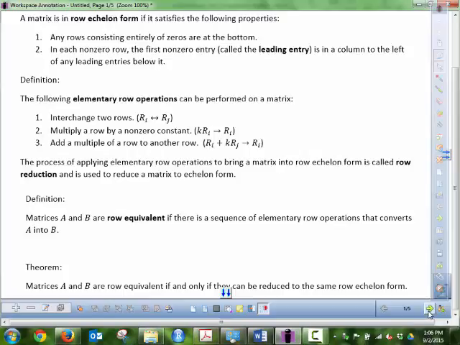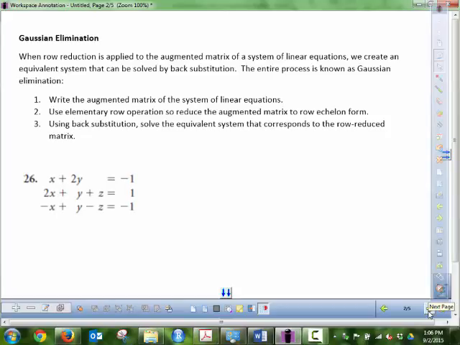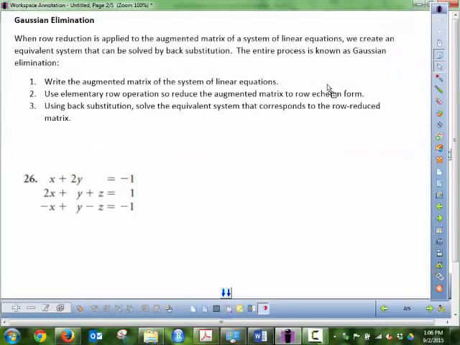All right. This might have been in the last slide. If it's not, this is the actual process that we will take to try to solve for a system. So what we do is we look at a system of linear equations and we translate that into a matrix. And then we're going to take a series of row operations so that we can reduce it into a row echelon form.